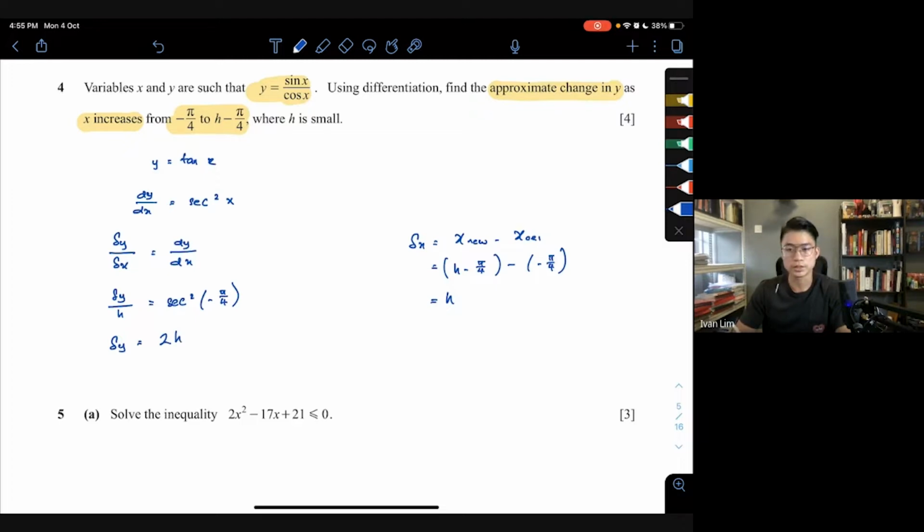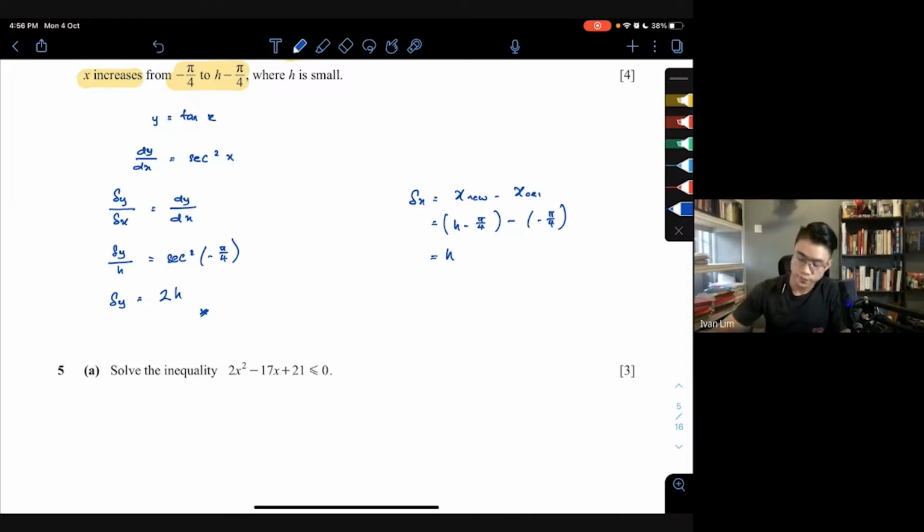This whole thing, secant squared of negative pi over 4, just type into your calculator. You straight away get the value 2. Secant squared is just 1 over cos squared. So you take cos of negative pi over 4, square that answer, then 1 over that value. Then make sure you write the h. This is a 4-mark question.